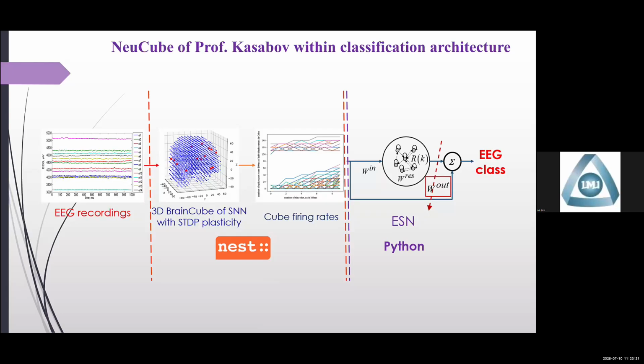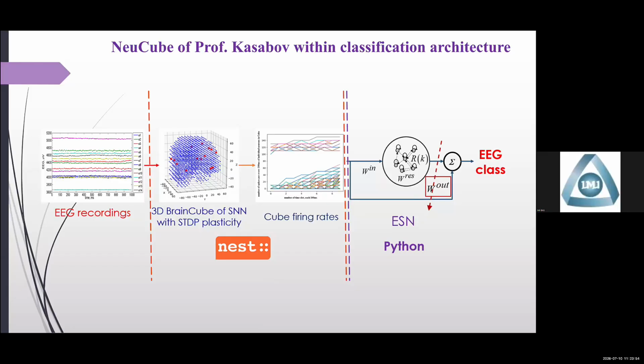What we did, we fed EEG recordings, somehow processed, through these positions into the 3D spiking neural network structure, having small world connectivity, basically. So connectivity is established based on the distances between each pair of neurons.